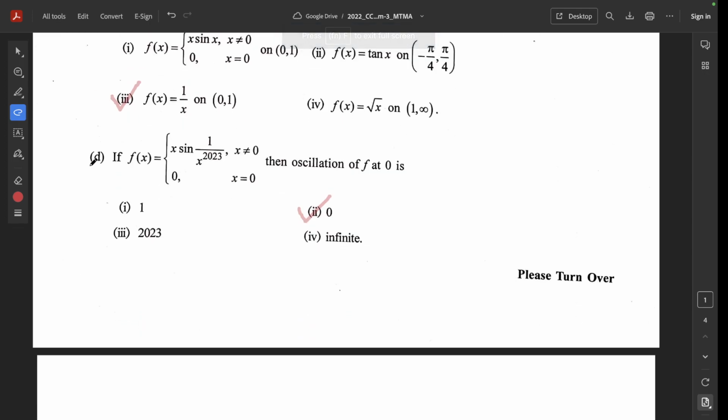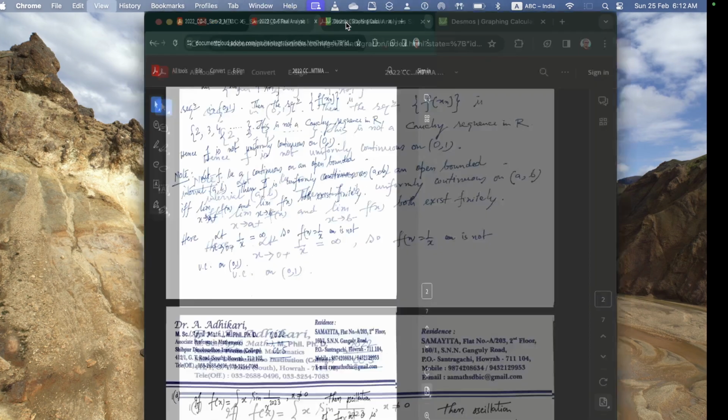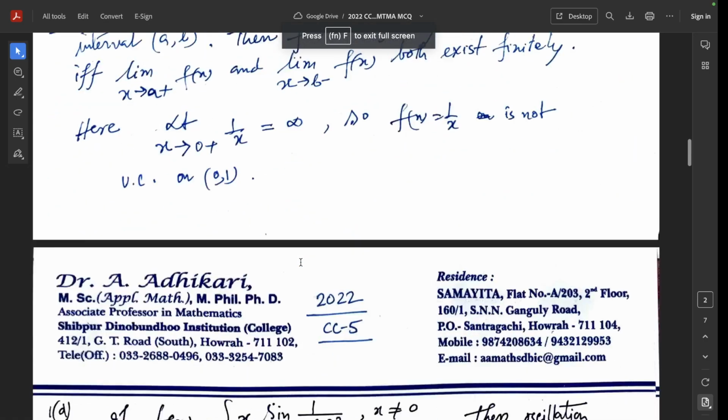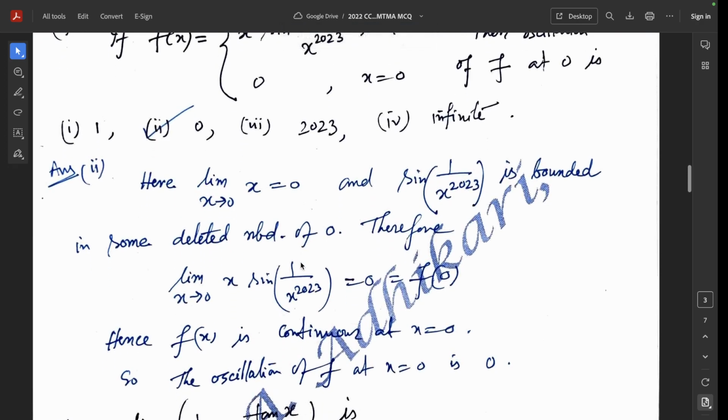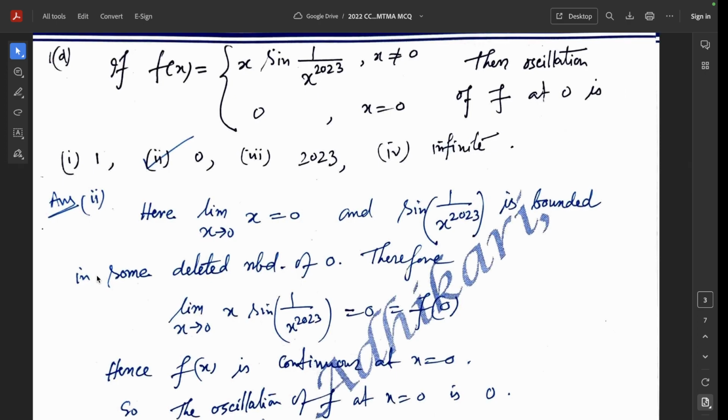Question 1D. If f(x) equal to x sin (1 by x) to the power 2023 for x not equal to 0, and f(x) equal to 0 when x equal to 0, the oscillation of f at 0 is? The correct option is 0. Here x tends to 0, and sin (1 by x) to the power 2023 is a bounded function in some neighborhood of the point 0.